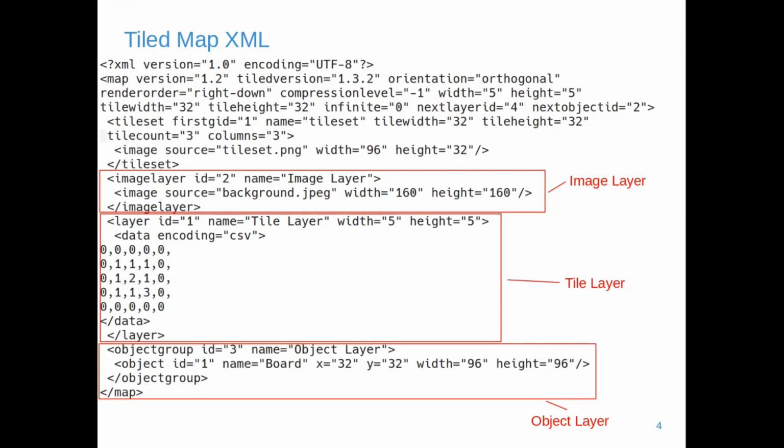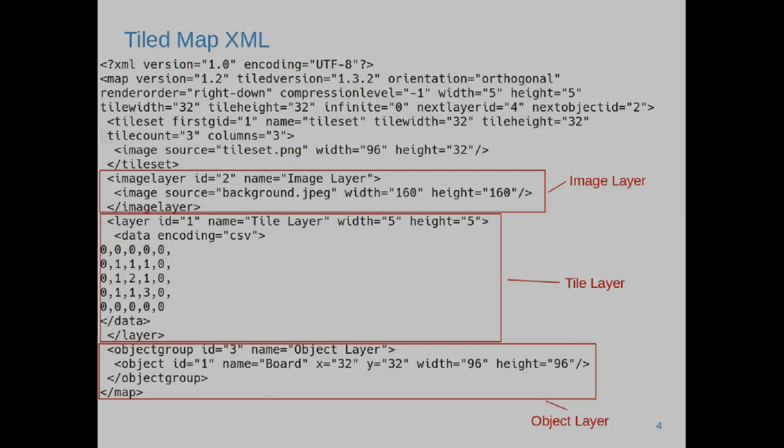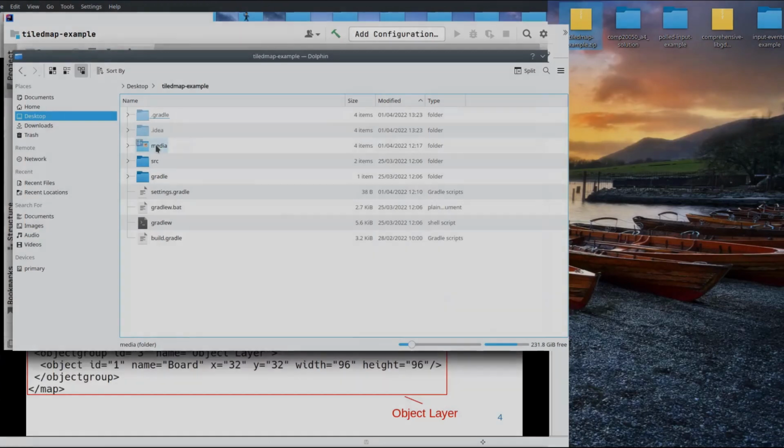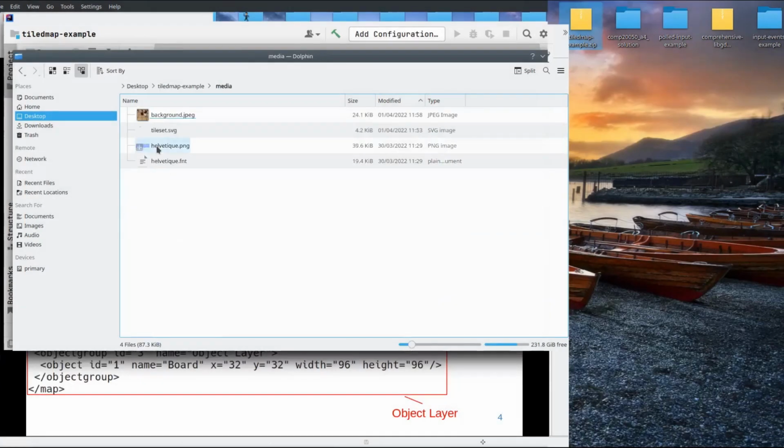I've shared with you a simple example called tiled map example, and I have it here ready to show. I have a separate folder called media where I keep source files for my graphics.